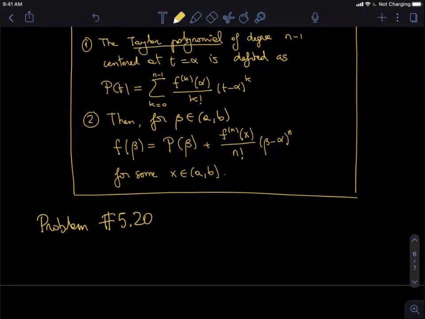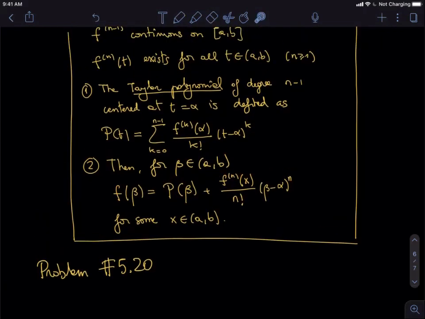Looking at Taylor's theorem, it gives us an idea of what we need to show.